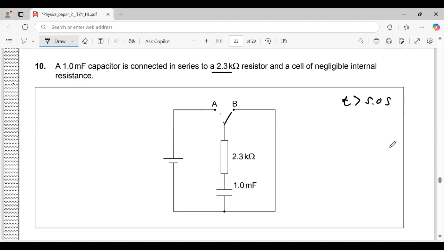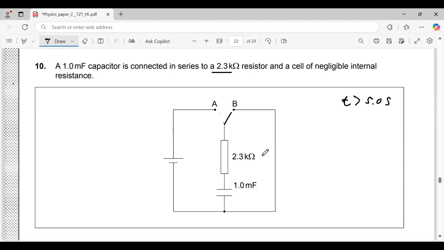For t greater than 5.0 seconds, after the switch is moved to position B, the current will flow from the positive terminal of the capacitor, through the resistor, to the negative terminal of the capacitor.